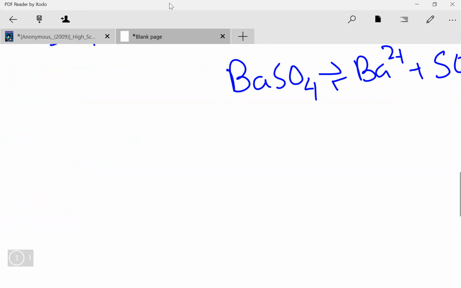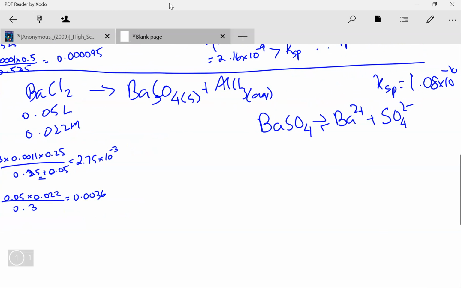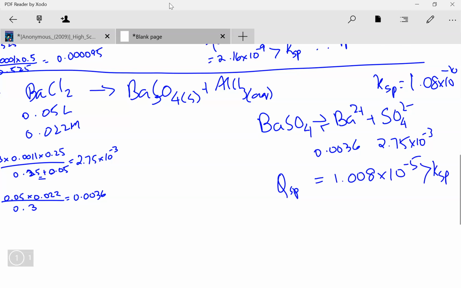So I'm going to put those initial concentrations here. 2.75 times 10 to the negative 3, 0.0036. Let's multiply those. QSP is 1.008 times 10 to the negative 5, which is greater than KSP.